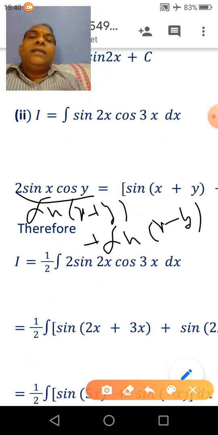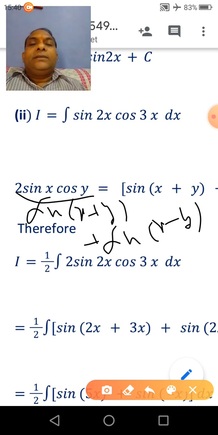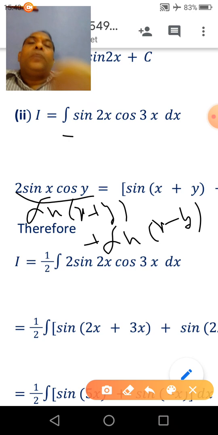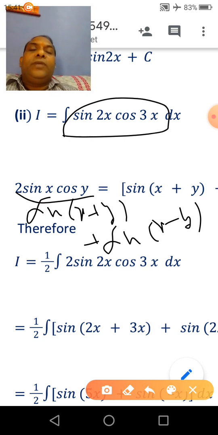You have studied about this formula in previous class. Clear? 2 sin x cos y is equal to sin x plus y plus sin x minus y. So you can use here this formula.